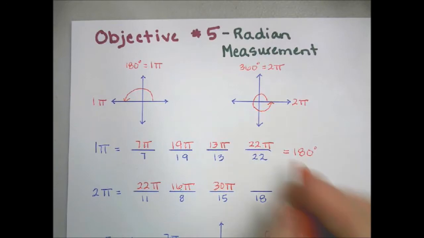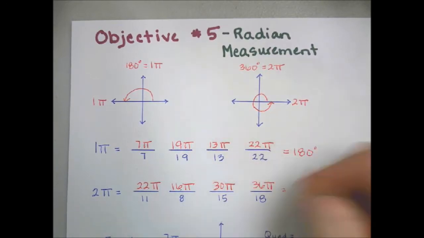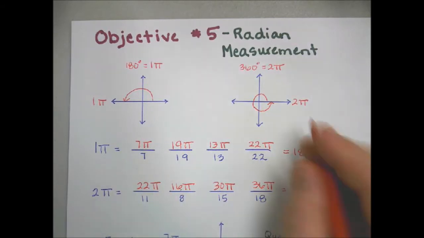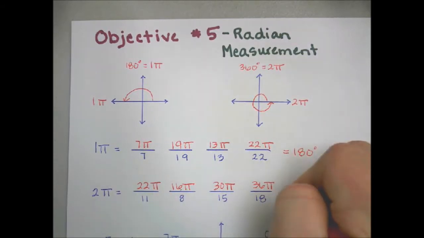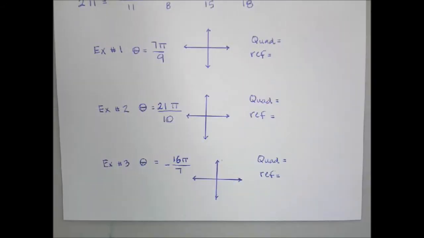And 18ths would be 36 pi over 18. All 4 of these fractions are equivalent to 2 pi, and all 4 of these fractions are equivalent to 360 degrees.